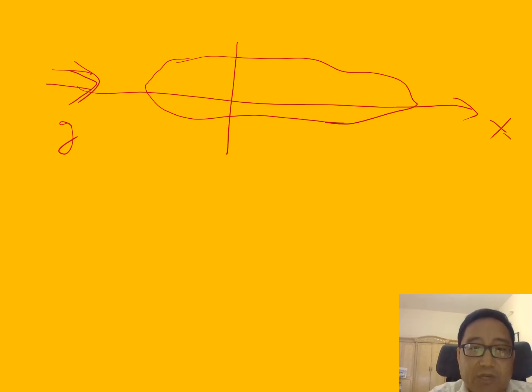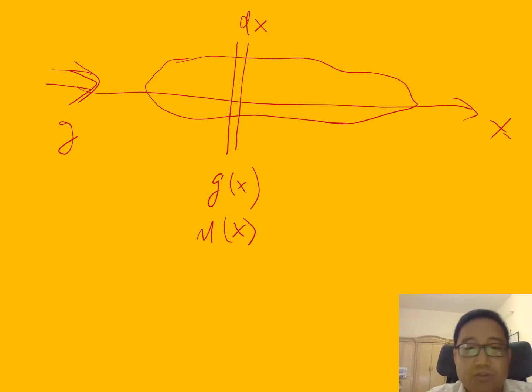At any location here, you have the number of photons still existing and going forward. The thickness at every location we call dx, infinitely small. We make a simplification and say at any x, the tissue has attenuation property mu of x, and in the beginning we have a total number of photons G naught.